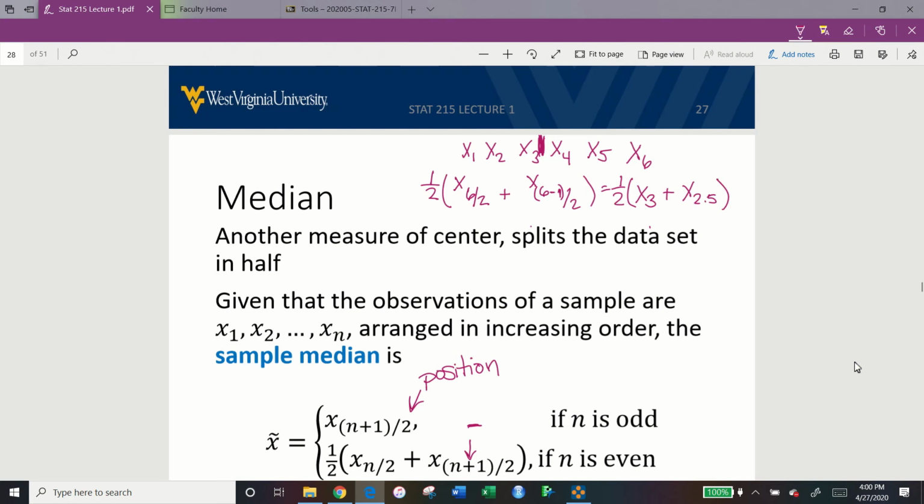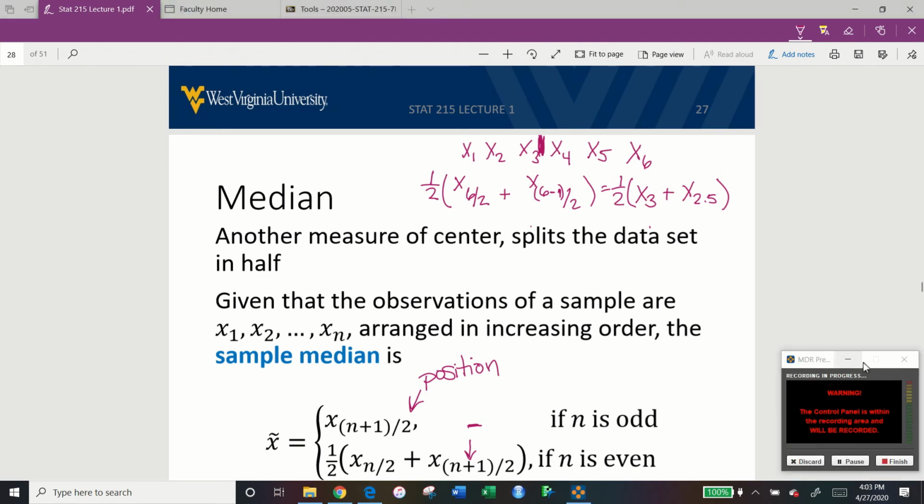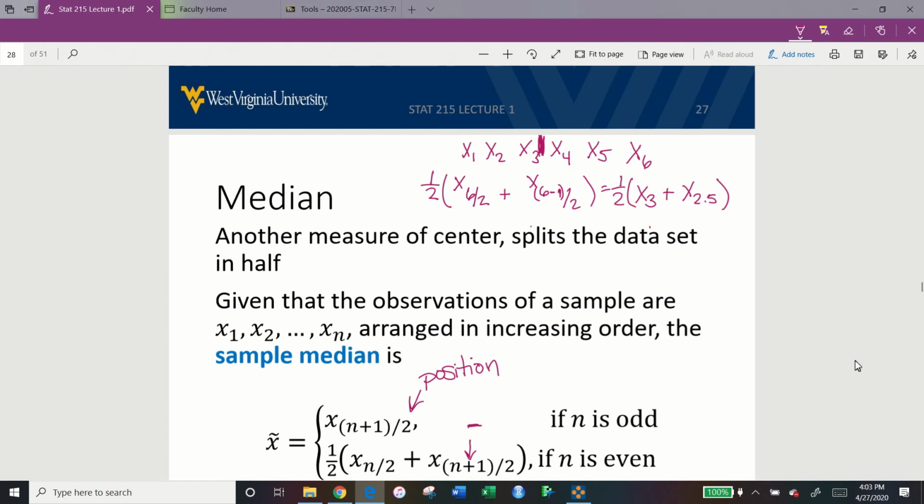So if we add those together, all right, so that would give us x sub 3.75. Now, that doesn't seem right either.